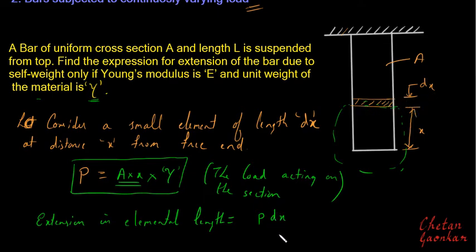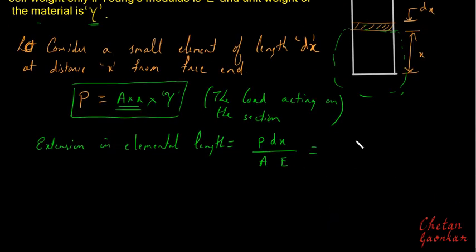So P into dx divided by A into E. Now I can write this P as A times x multiplied by gamma, the unit weight of the material, multiplied by this length dx, divided by AE. This is the extension of this small element.